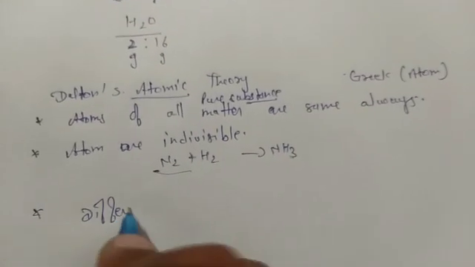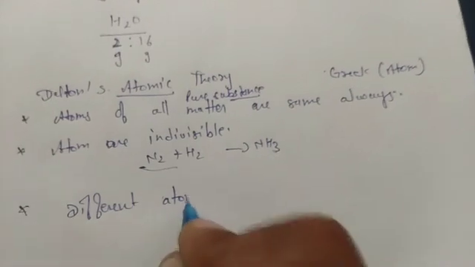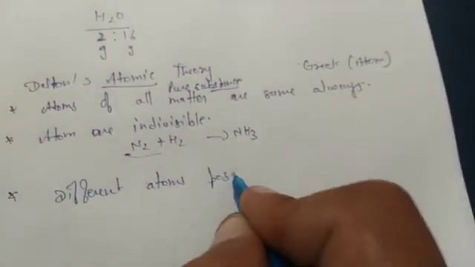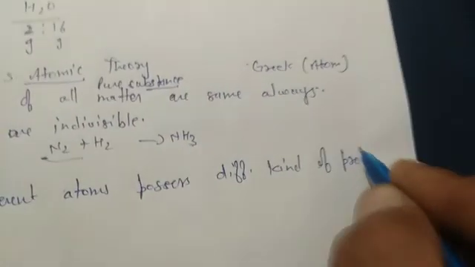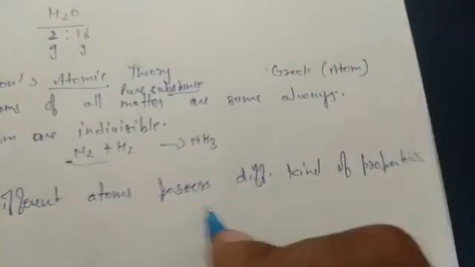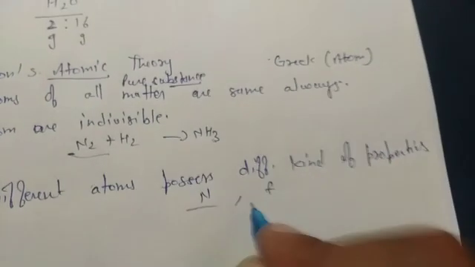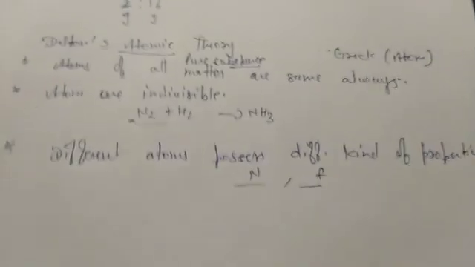Different atoms possess different kinds of properties. Meaning to say, if you compare two elements like nitrogen and fluorine, their atoms have different properties, and obviously we know that today.